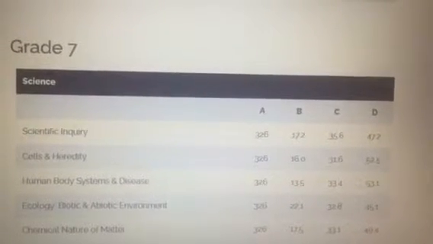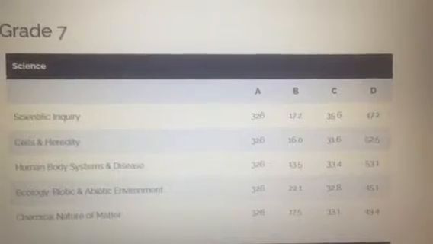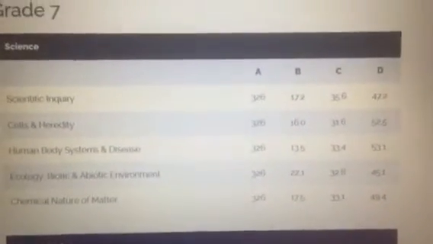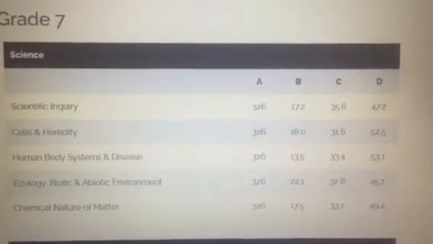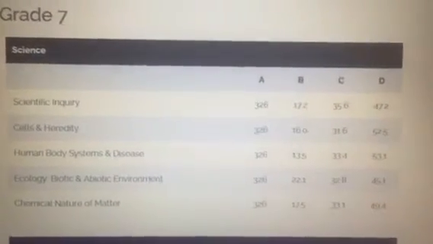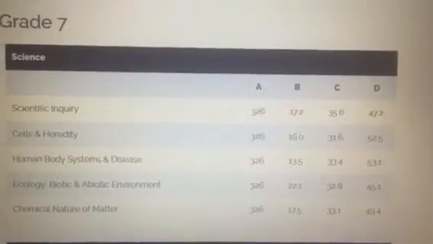Now, one thing to point out this year is that 6th, 7th, and 8th grade students were all tested in these particular areas, which is different. In the past, we had a part of 6th grade students and a part of 8th grade students. Science and social studies in 7th grade typically had all students tested.